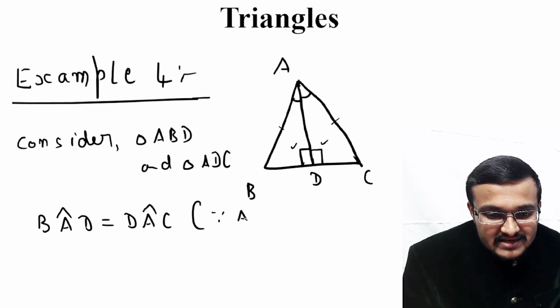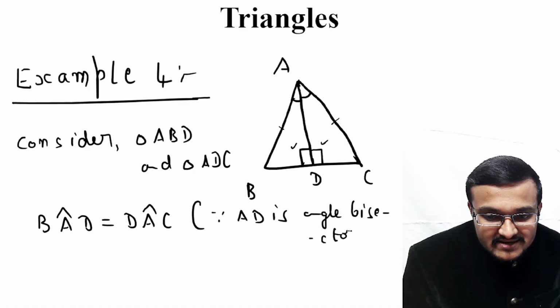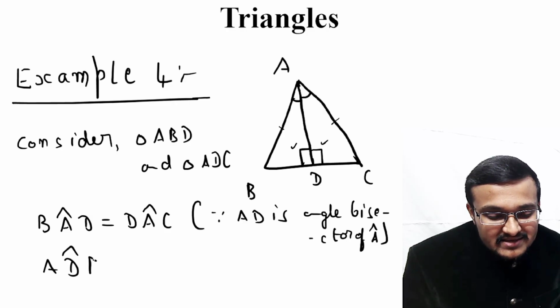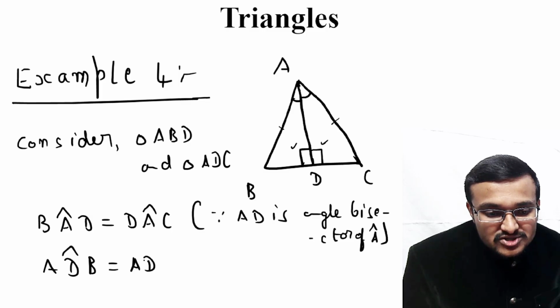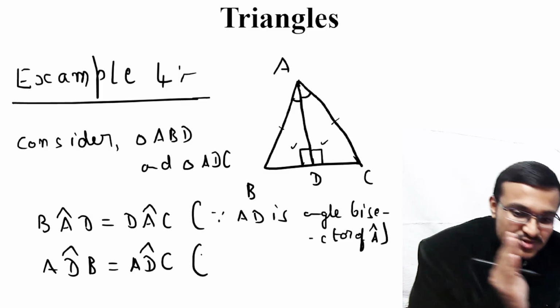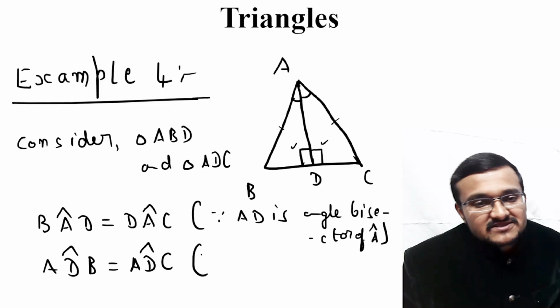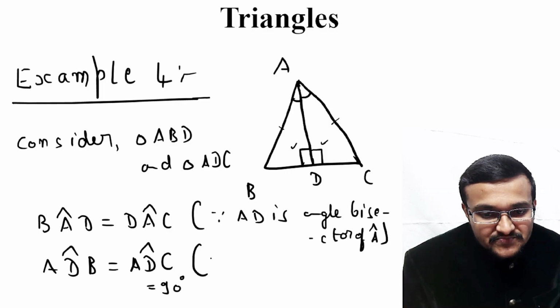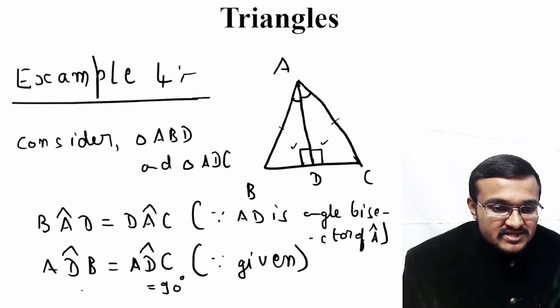This is because AD is the angle bisector of angle A. Now ADB is equal to ADC because BC is a straight line and AD is perpendicular to BC. So ADB will be equal to 90 degrees and ADC will be equal to 90 degrees. Both of these angles will be equal to 90 degrees. This is already given in the question.